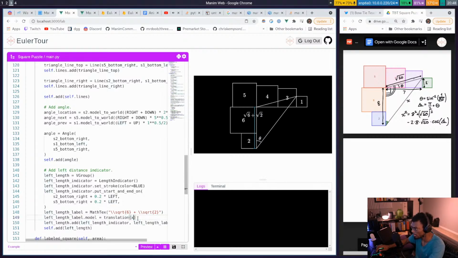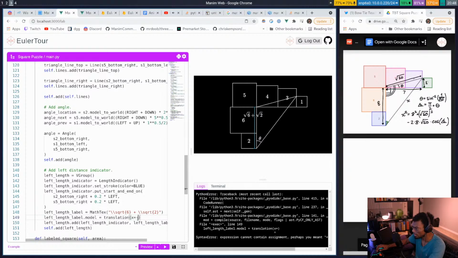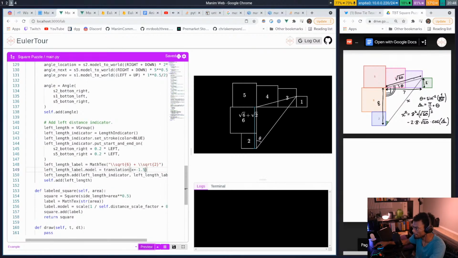Let me just do x equals negative 1.5 or so. And then y equals this.